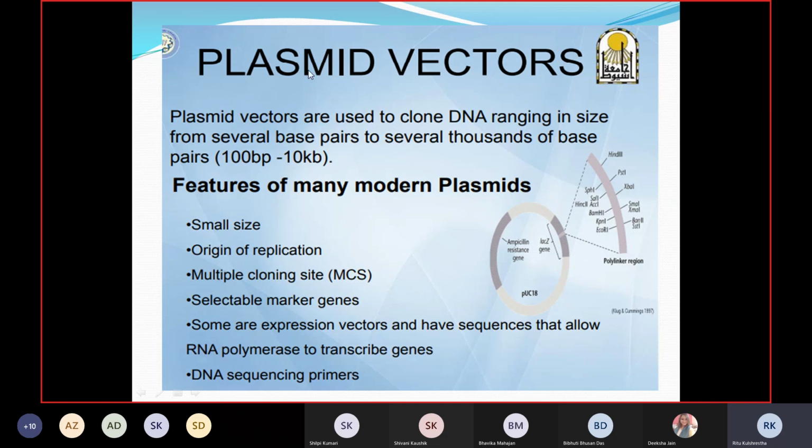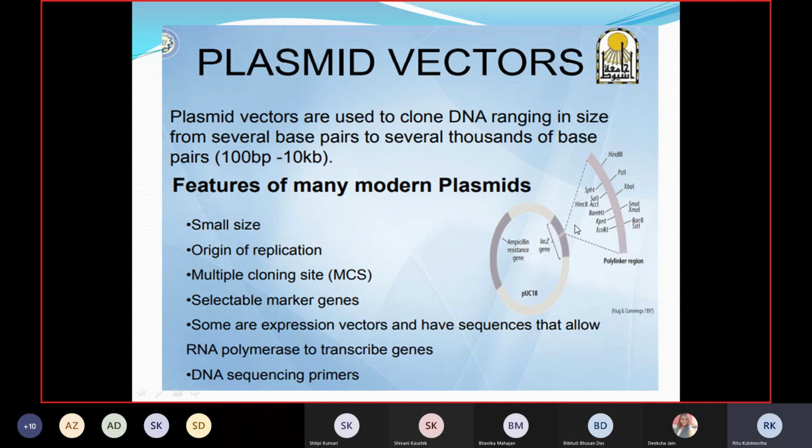Then, to make a plasmid vector more efficient and give it flexibility for cloning of various DNA fragments, modern vectors have a multiple cloning site, which is nothing but a stretch of DNA in which multiple restriction enzyme sites have been introduced. Why have these been introduced? To give the user the convenience to clone his or her gene of interest between any of these sites.